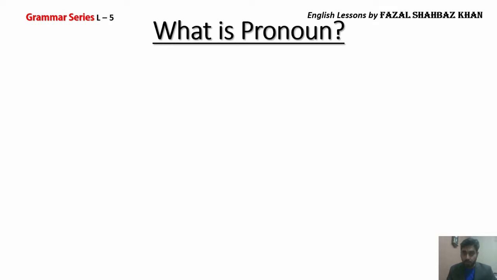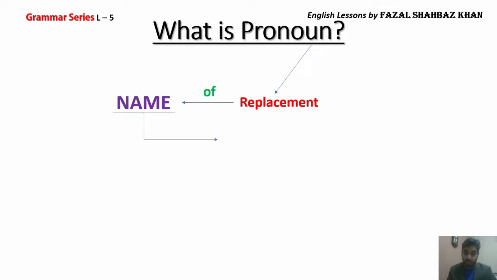What is pronoun? The question once again comes to mind, and in my lecture of word classes, the first lecture of the grammar series, you came to know a little bit about pronoun, that it is a replacement of name. So what is name? As everybody knows, name is the noun.